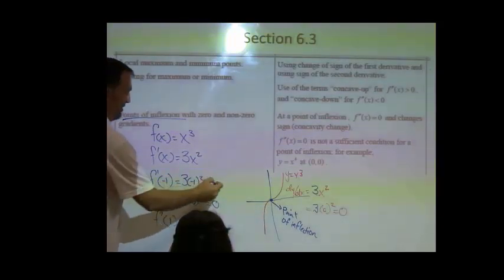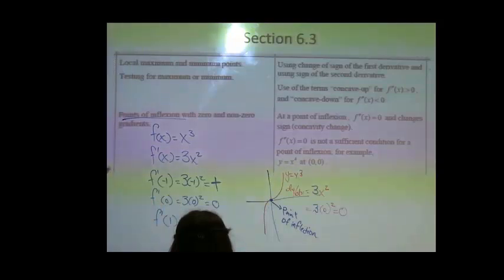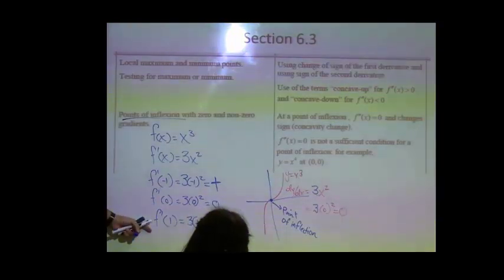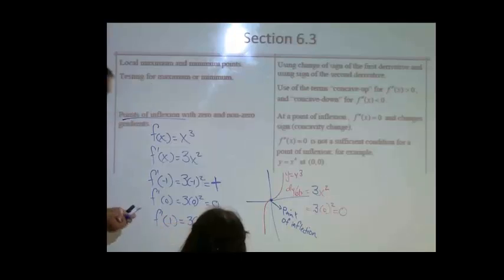That's a positive answer. Then we have 0, and then 1 squared times 3 is positive. So this is what tells me it's an inflection point.